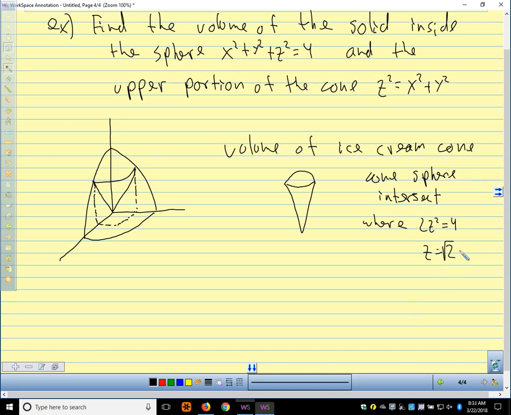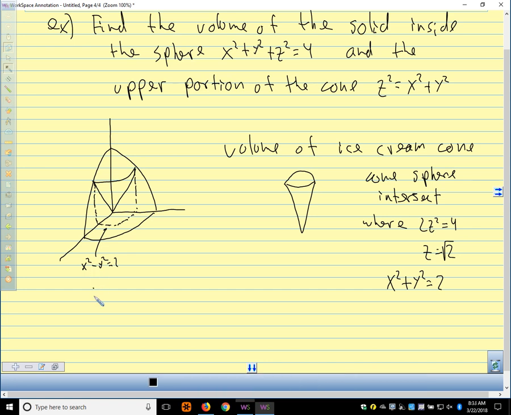And we just need the positive one because we're talking about the upper portion of the cone. And if z equals the square root of 2, x squared plus y squared equals 2. So this circle in the xy plane, x squared plus y squared equals 2, is going to be our region in the xy plane.